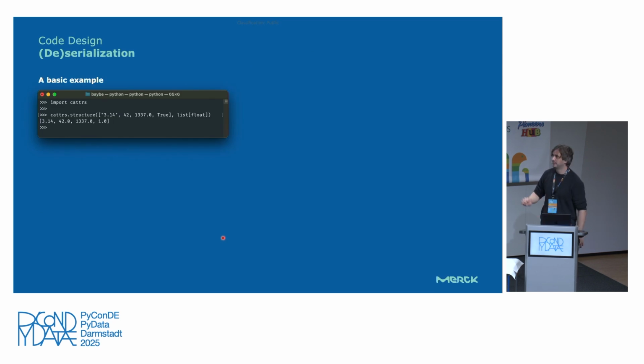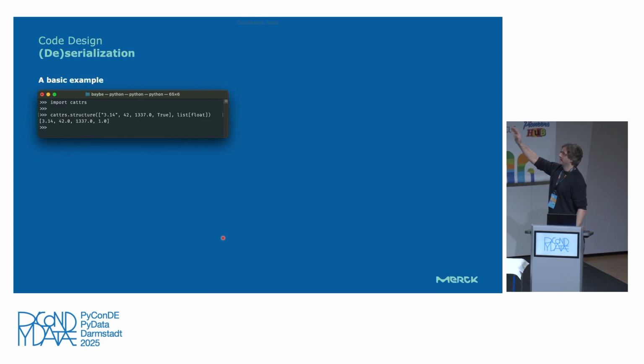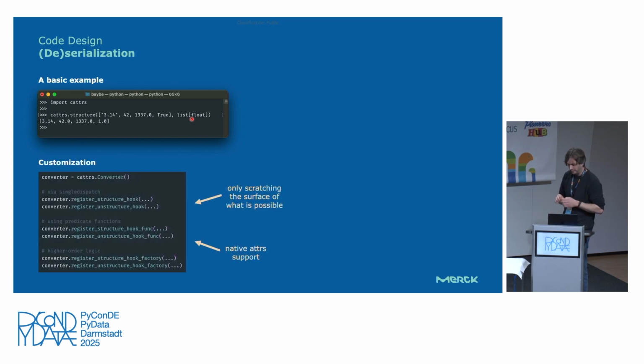Here's a simple example where you simply say, cattrs, please structure me this input, which is a collection of different things like a string, a number represented as a string, an integer, a float, a boolean. Please structure me that as a list of floats, and this is what you get. And you can completely customize this, define your own deserialization and serialization hooks that hook into this process, and you can completely fine-tune it.